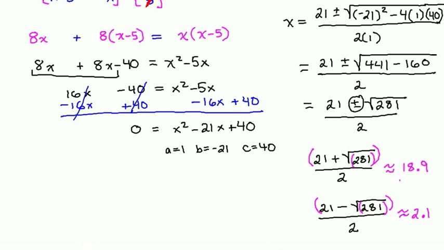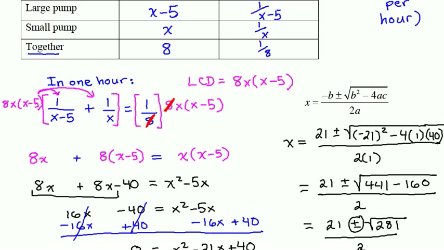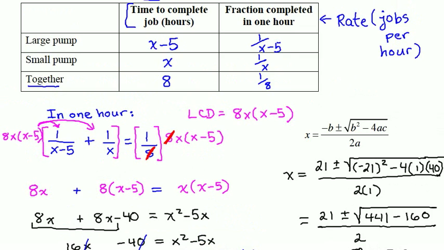Now I need to figure out whether both of these are reasonable answers. And again, remember that these are values of x, so we need to go back to our original variable definition to see what x means. In this table here, I can see that x is the time to complete the job for the small pump, and x minus 5 is the time to complete the job for the large pump.